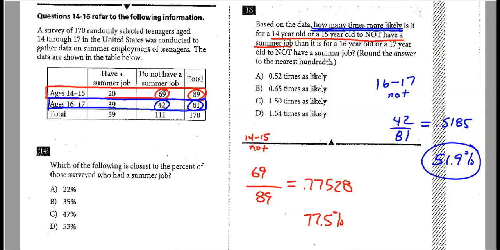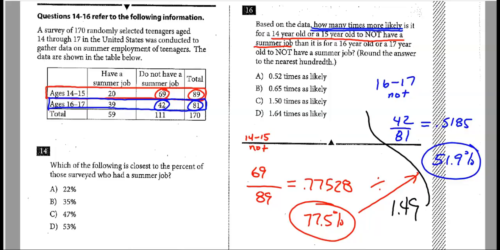So we have that likelihood and this other likelihood. To find out how many times more likely, we just divide those two numbers. So 77.5 divided by 51.9 equals about 1.49 times more likely. So we're going to call that C.